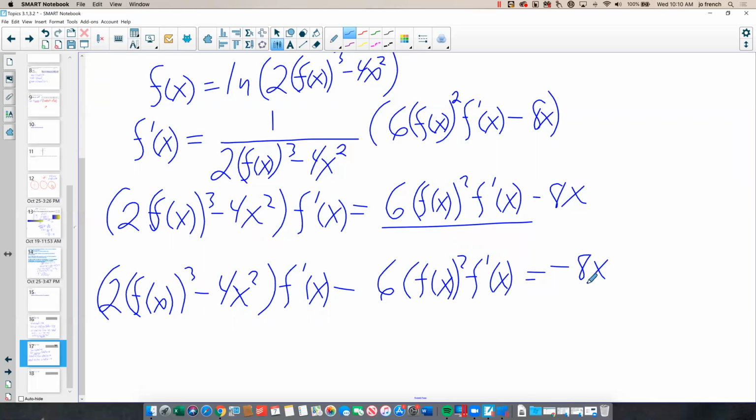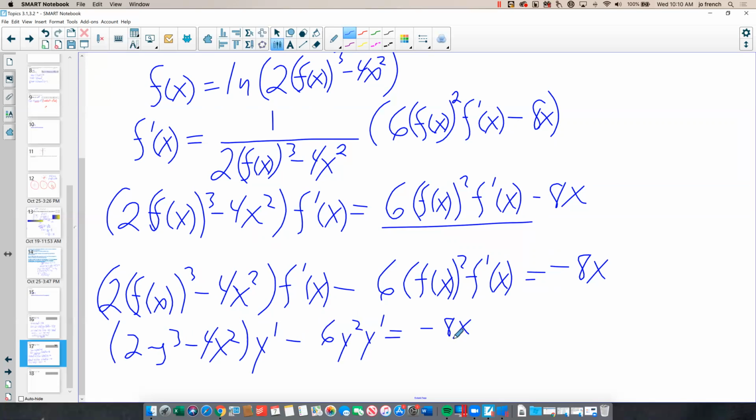Here it might be better to replace my f of x's with y's again. So now I've got 2y cubed minus 4x squared y prime minus 6y squared y prime equals negative 8x.